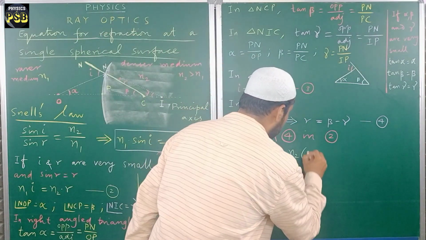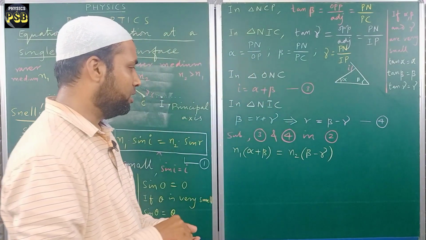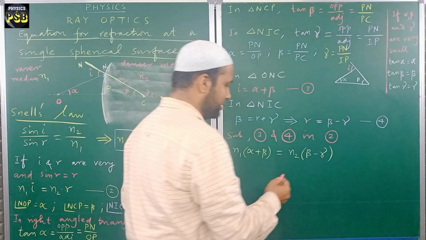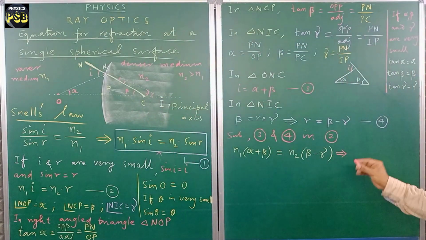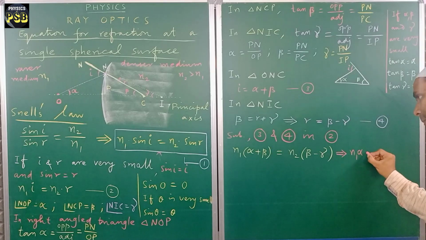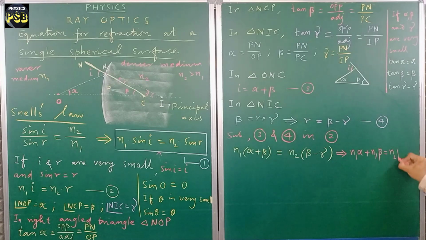What is that? Beta minus gamma. Okay. Now I just expand this. On expansion, what do you get? I get n1 alpha plus n1 beta is equal to n2 beta minus n2 gamma.